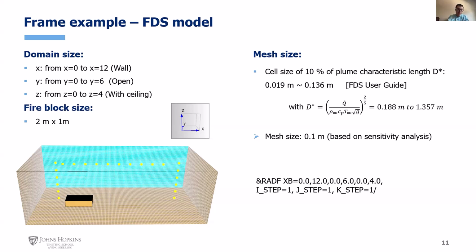The mesh size we choose is 0.1 meter, which was developed by first using the range recommended by the FDS user guide, and then conducting a quick sensitivity analysis to balance the FDS calculation time and the accuracy.